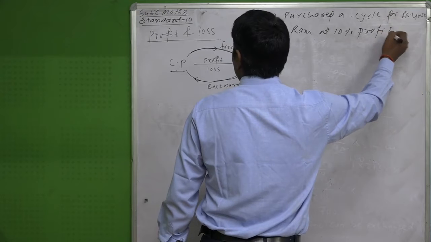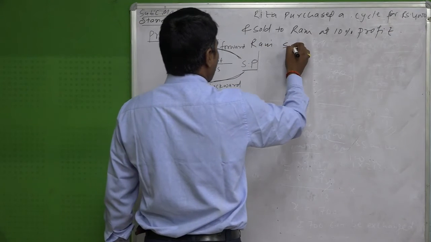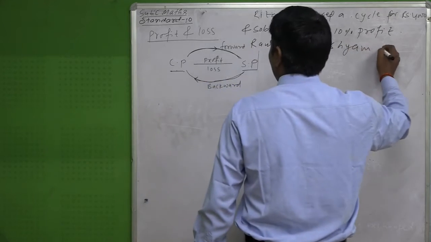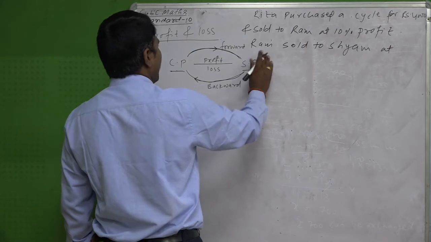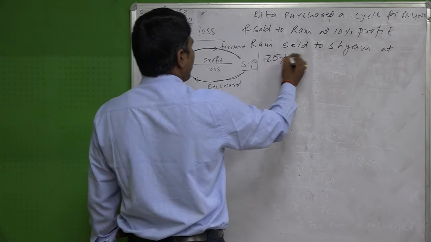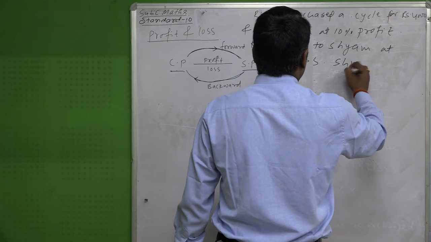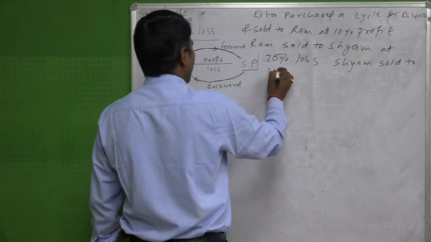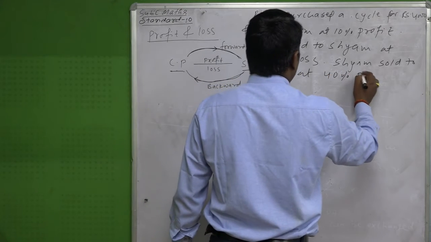Ram sells it to Shyam at 20% loss, and Shyam sells it to Hari at 40% profit.